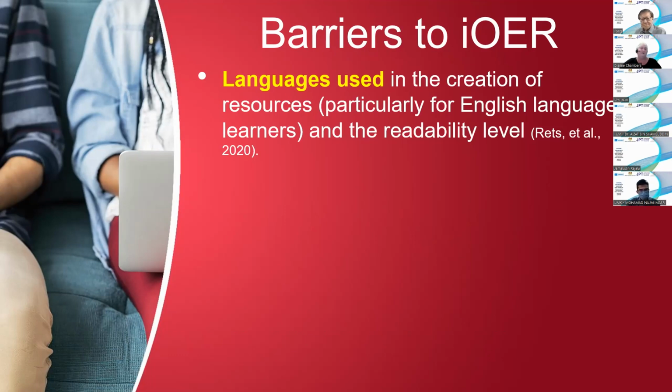And that's where the ability to reuse and remix those resources is so critical, because you can put it into a different language, into Malay or another language that's going to be more beneficial. But also the readability level. If I'm working with students who have a low level of reading ability, I don't want to have materials that are very complex.